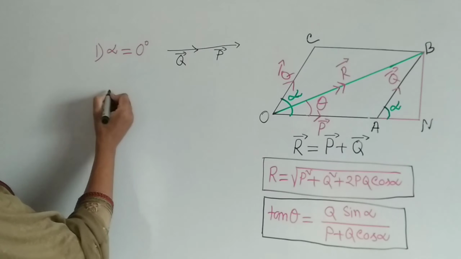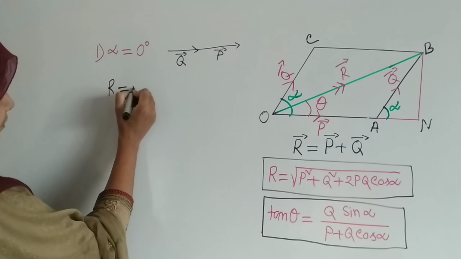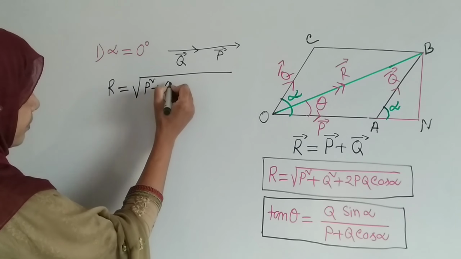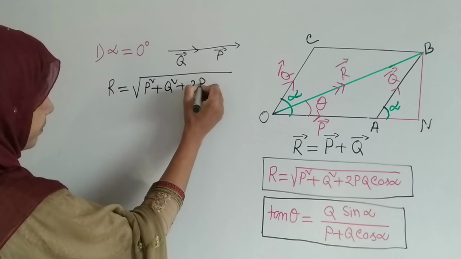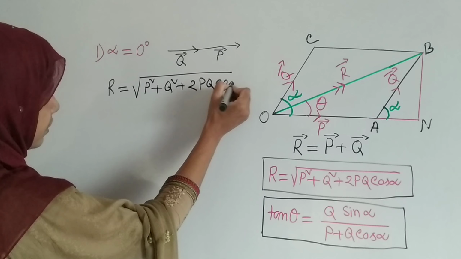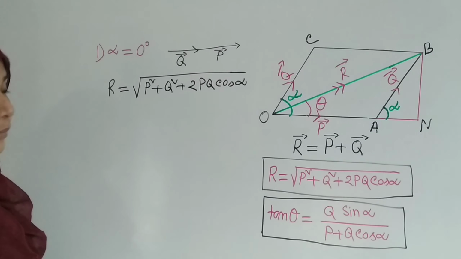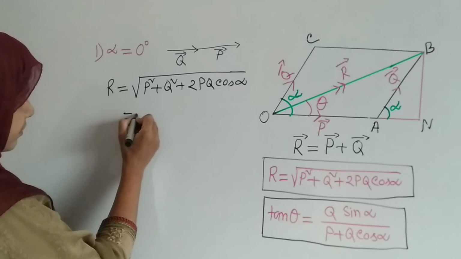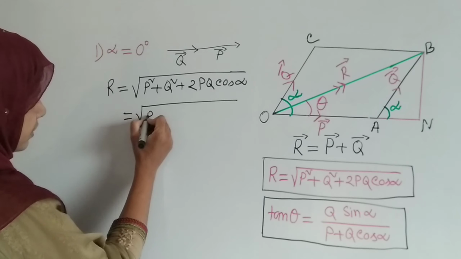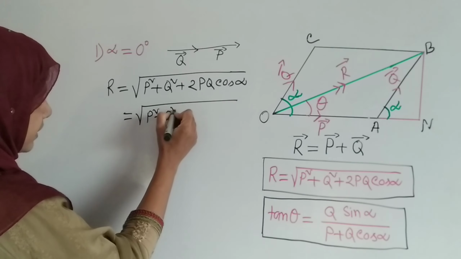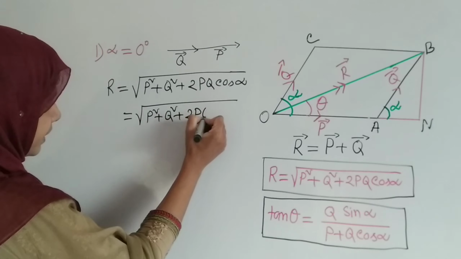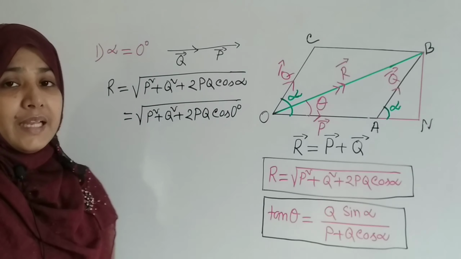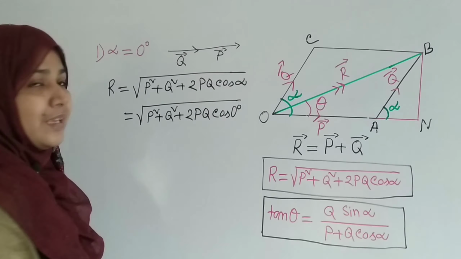So we know that R equals to root over P square plus Q square plus 2PQ cos alpha. Now I am going to put the value of alpha as 0 degree: P square plus Q square plus 2PQ cos 0 degree. And you know that the value of cos 0 degree is 1.